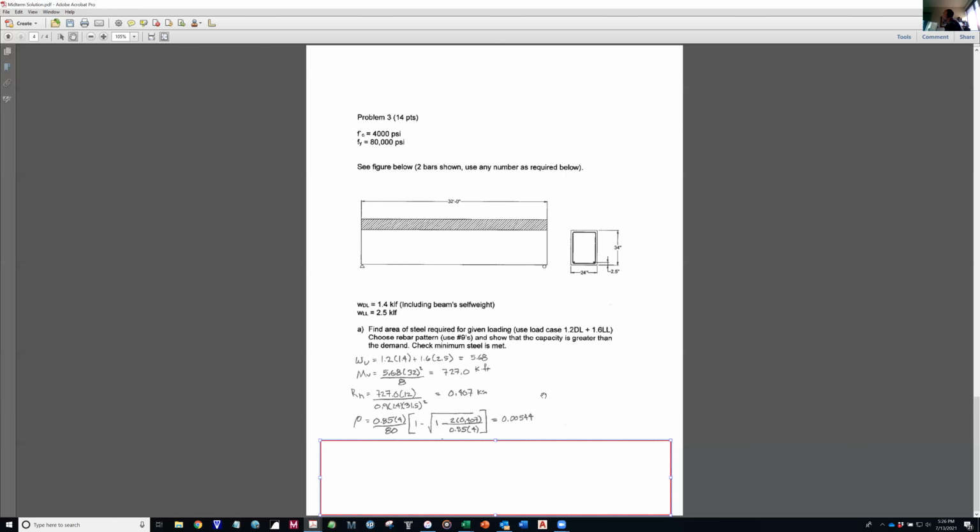So this equation, if you remember, is 0.85 f prime c over fy times 1 minus the square root of 1 minus 2 Rn over 0.85 f prime c. And one of the keys in here is you got to make sure you have your units right. If you're using ksi, then your f prime c has to be in ksi. And if you're using psi, then this would be 4,000. Okay, so that's how you get to a required rho of 0.0544.